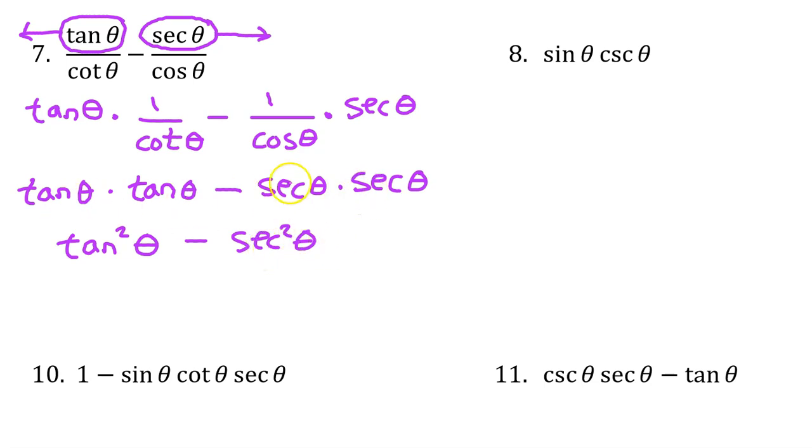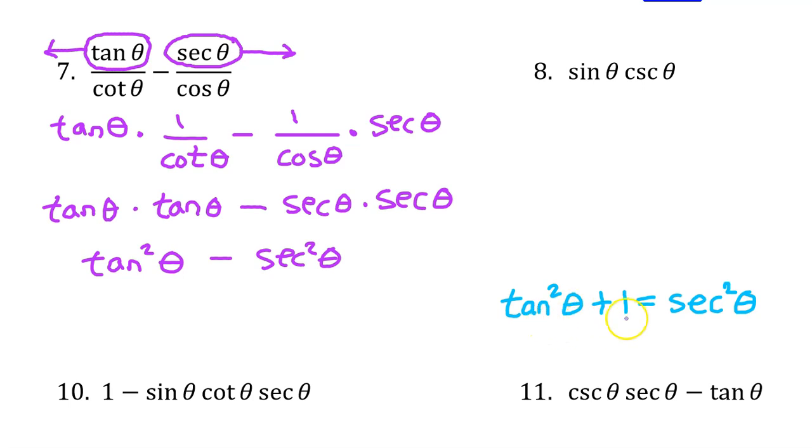Show this middle step. One version of the Pythagorean identity tells us tangent squared theta plus 1 equals secant squared theta. So we can replace secant squared theta with tangent squared theta plus 1. Be careful, when you make this substitution, you're going to need parentheses because of the negative sign in front. So we will have tangent squared theta minus parentheses tangent squared theta plus 1.